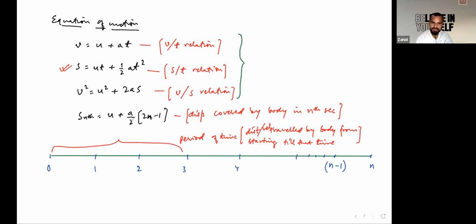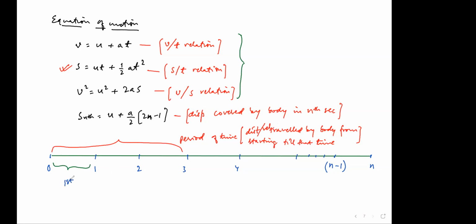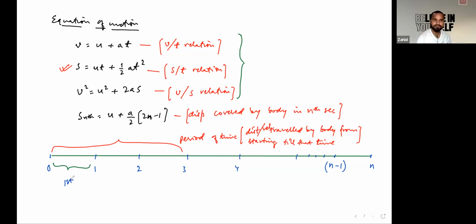Now, how to define this fourth equation? Let's say if I ask you to define this interval, it is nothing but the displacement from 0 to 1 second, or you can call it the first second. Similarly, from 1 second to 2 seconds is termed the second second.